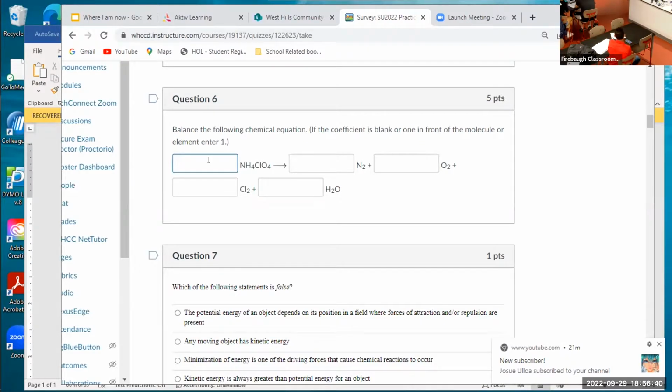Now that's Cl. Yes, that's Cl, capital C, lowercase l, because the I is going to be like this.